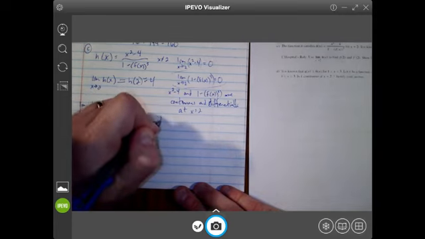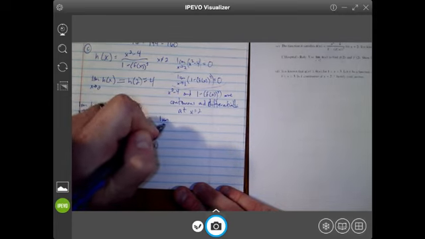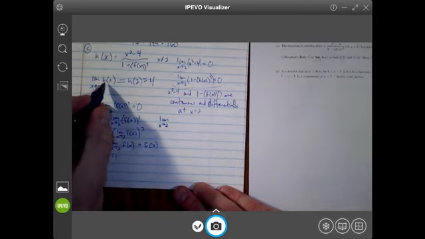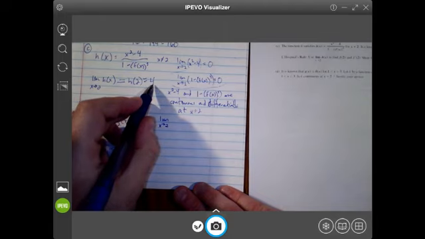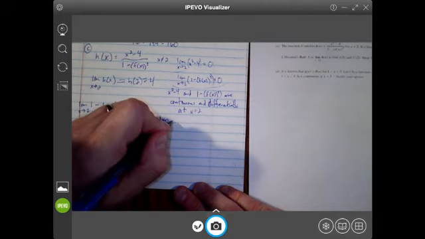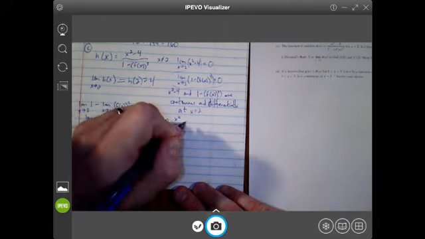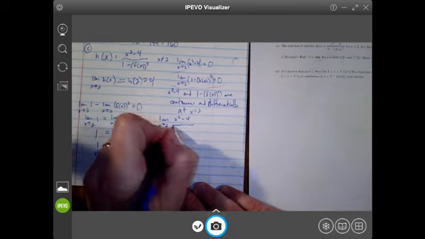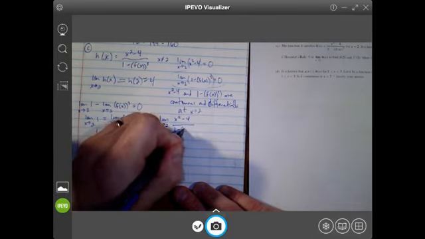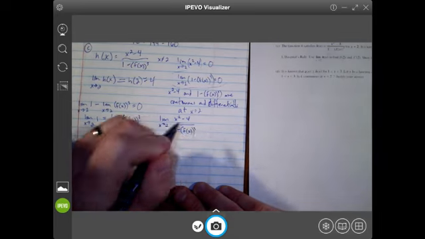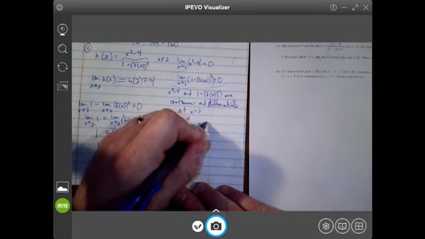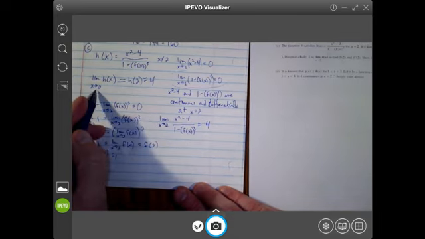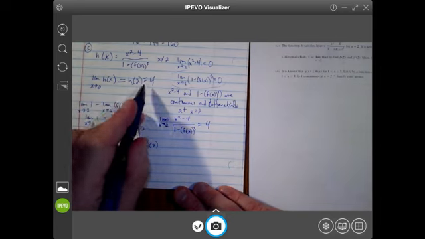You know that the limit as x approaches 2 of h of x is equal to 4, and you know what h of x is, so we can say that the limit as x approaches 2 of x squared minus 4 over 1 minus the quantity f of x cubed is going to be equal to 4, because the limit as x approaches 2 of h must equal h of 2, which is 4.